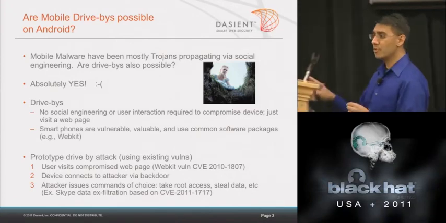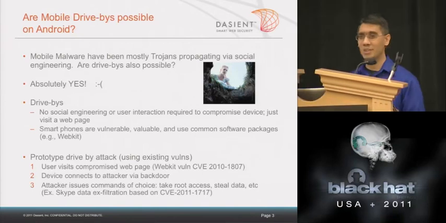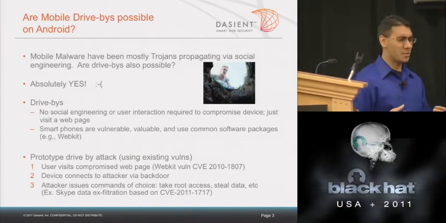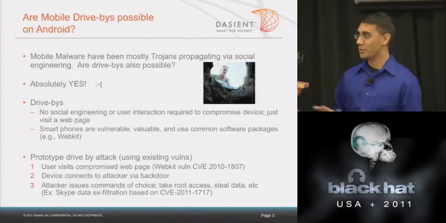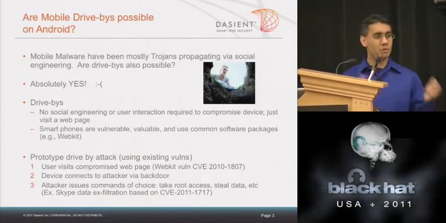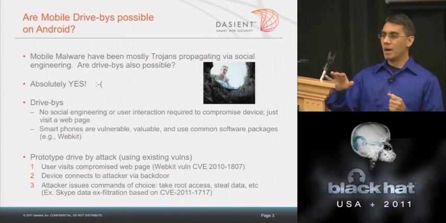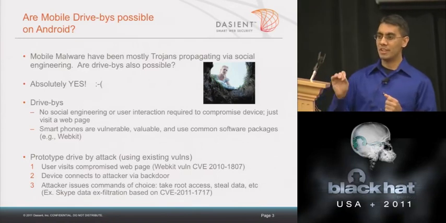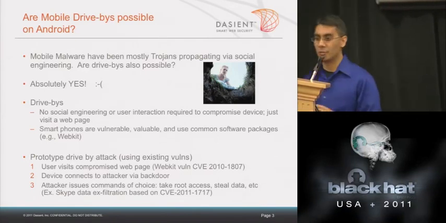And so there's two key vulnerabilities that were used in this drive-by attack. To an extent, you could say it was actually a drive-by upload as opposed to a drive-by download. But step one was user visits a compromised page. The compromised page takes advantage of an existing WebKit vulnerability.